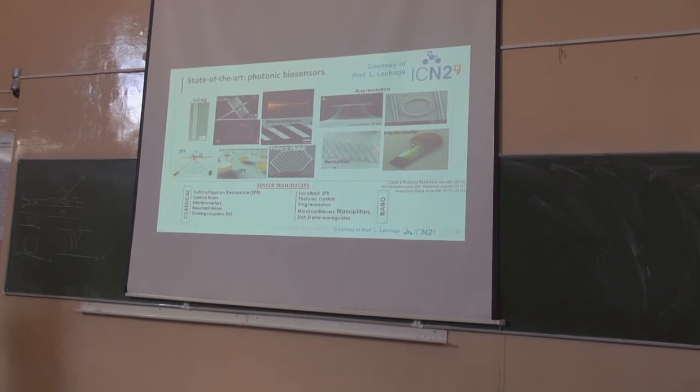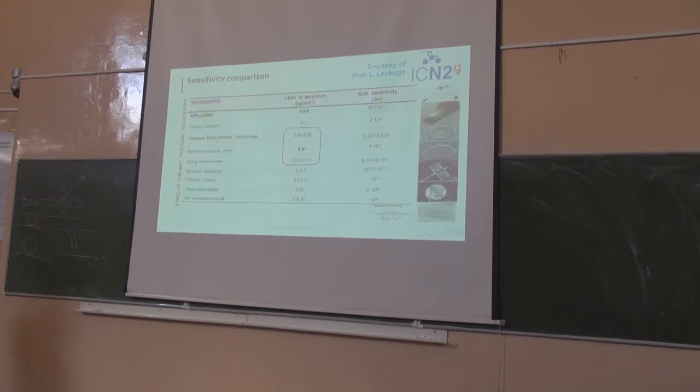As I said, I will discuss this because they have the smallest limit of detection, and the good thing is that they are done with silicon photonics, and then we come back to integration. Photonic integration.